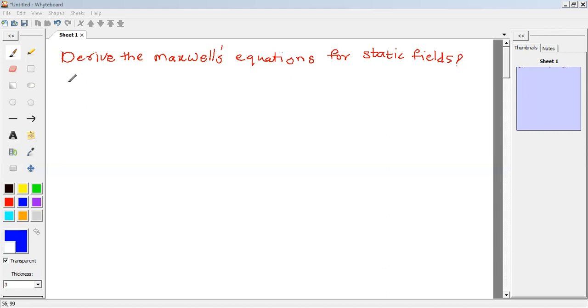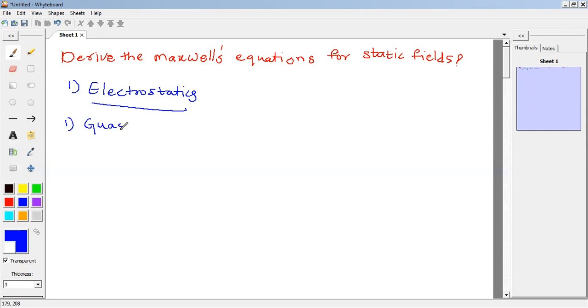First we are going to discuss electrostatics. In electrostatics, the first Maxwell's equation we are going to discuss by Gauss law. Gauss law is a fundamental law.